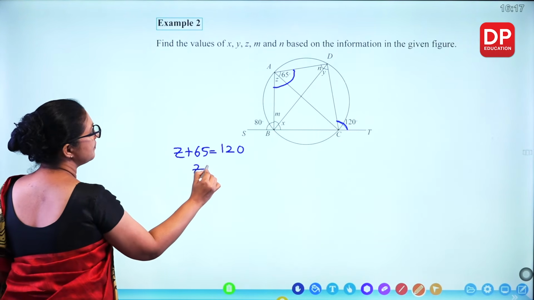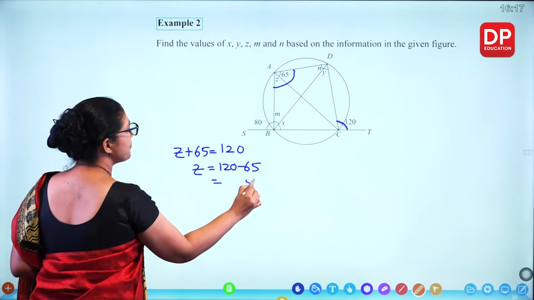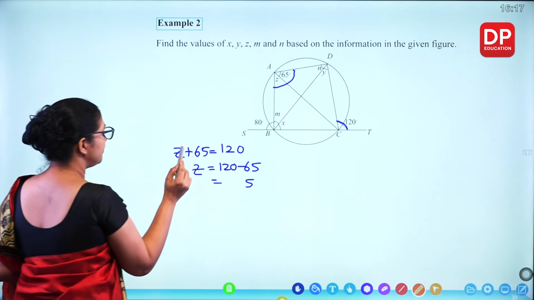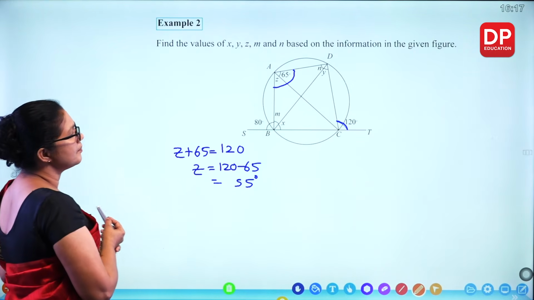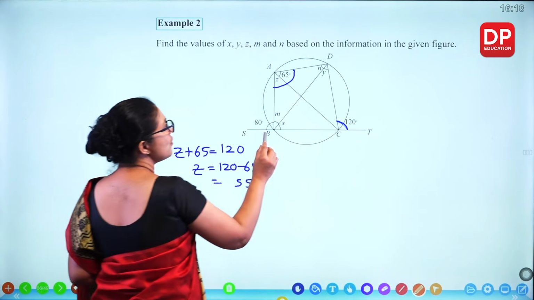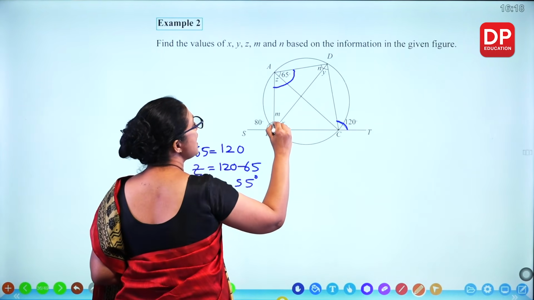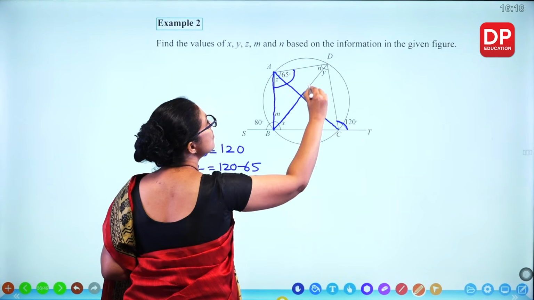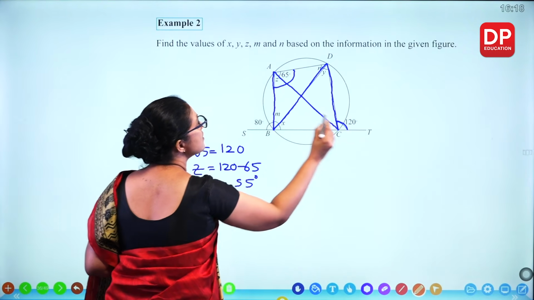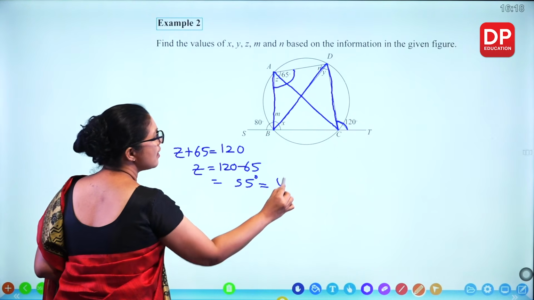So what is Z? 120 minus 65, you get 55 degrees. Now if you take chord BC, same segment angles, this angle is equal to this angle. So Z and Y are both equal.